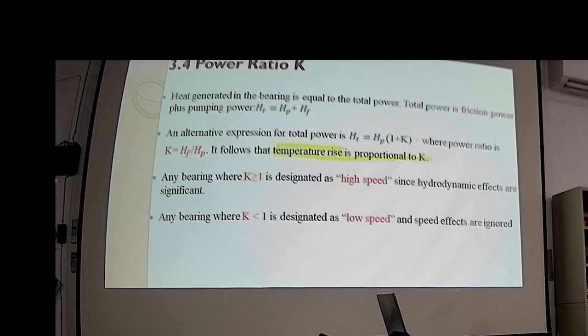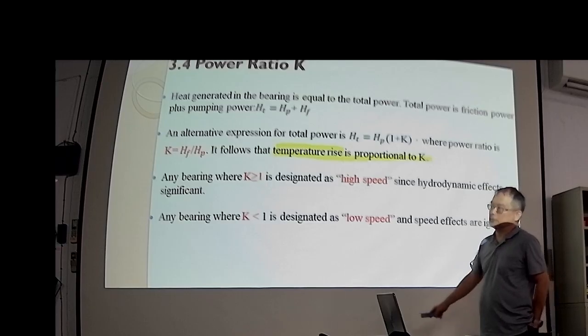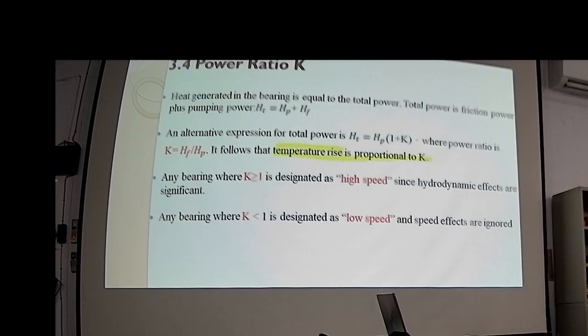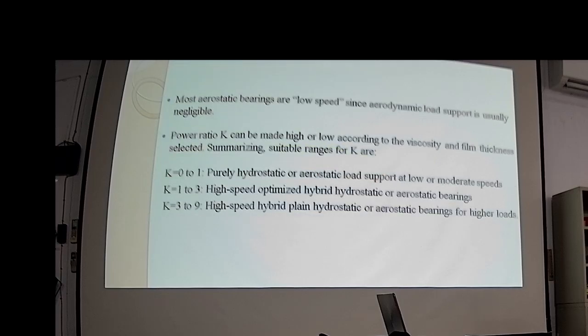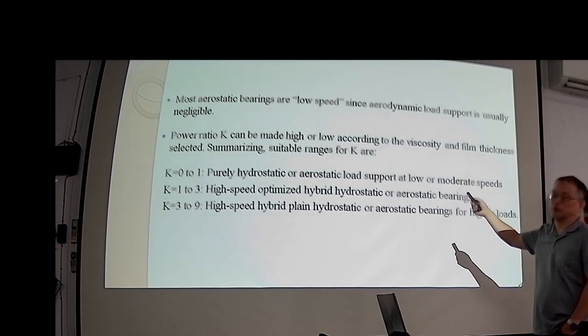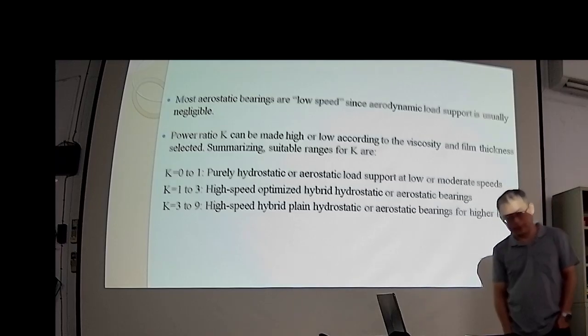We use the power ratio K to define high speed or low speed bearings. K greater than 1 is a high speed bearing, and K smaller than 1 is a low speed bearing. Here we also have a comment: most aerostatic bearings are low speed bearings, which means the bearing friction power is relatively smaller than the pumping power.